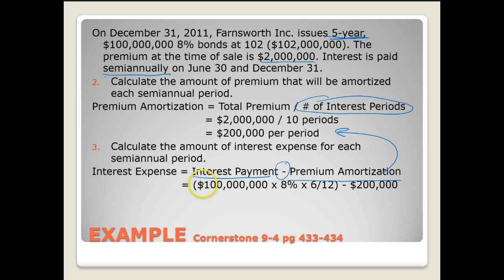So interest payment is going to be principal times coupon rate times the portion of the year that the interest payment period covers. So interest payment is going to be $4 million per period minus $200,000 of premium amortization. So I will have an interest expense on my premium bond of $3,800,000 per interest payment period.